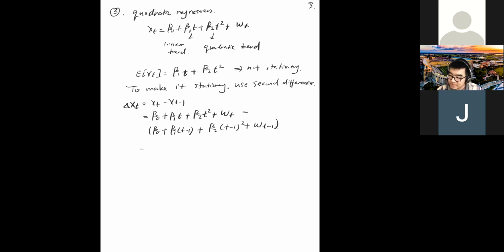Okay, so this would be equal to beta_1 plus beta_2 times the quantity 2t minus 1, right? This is beta_1 plus 2 beta_2 t minus beta_2.